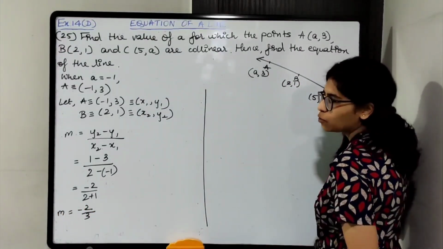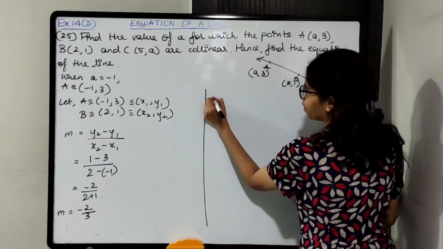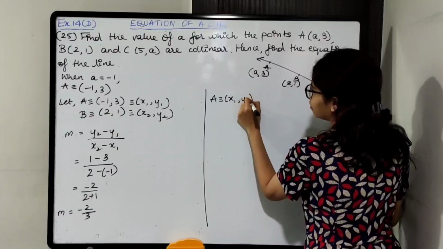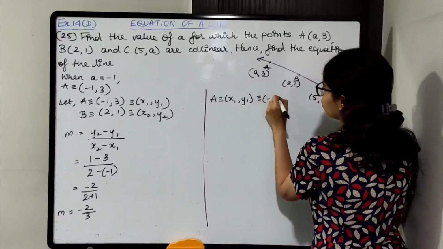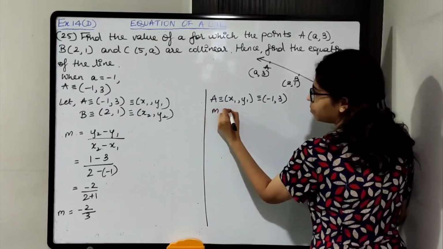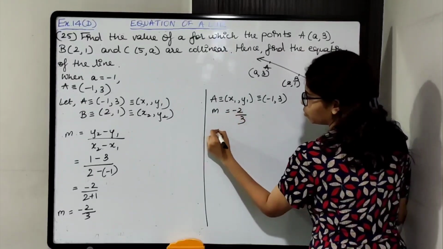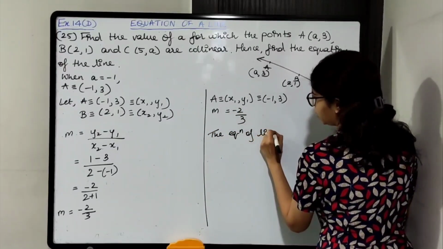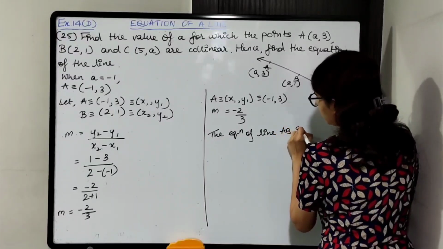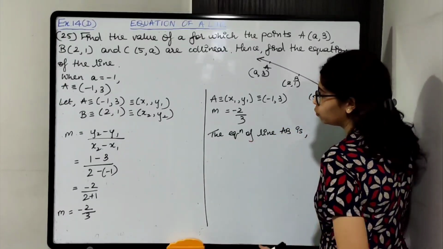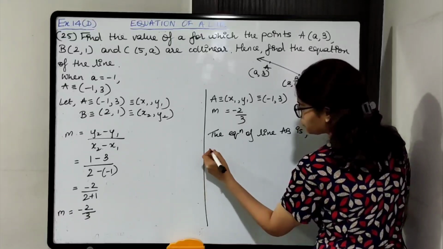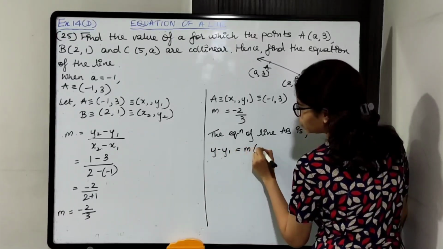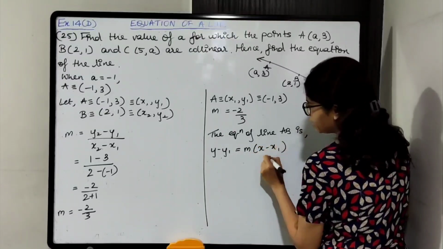Now we'll find the equation. So we have A x1 y1 as minus 1 comma 3 and m is equal to minus 2 upon 3. So the equation of line AB is, no short forms, write down the full word. Using the formula y minus y1 is equal to m into x minus x1.